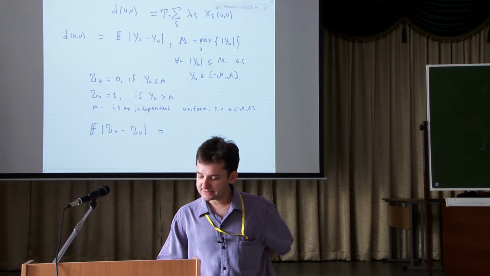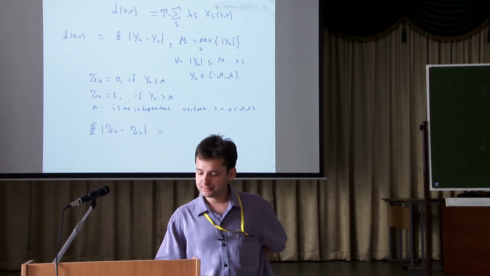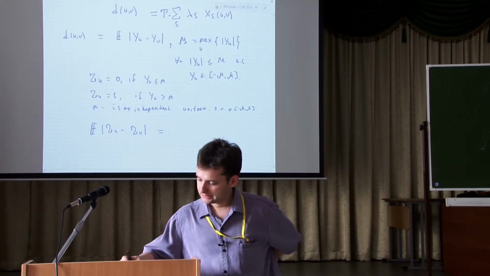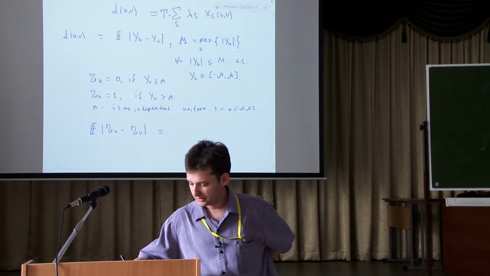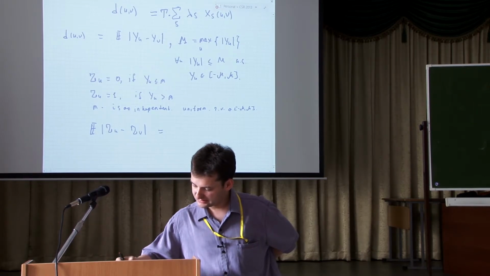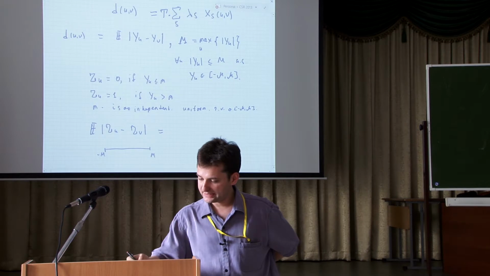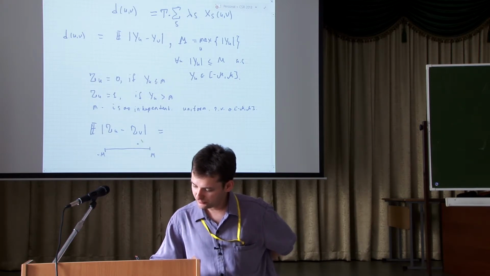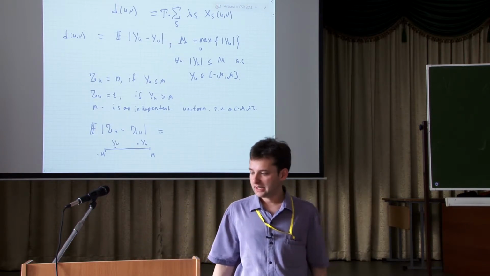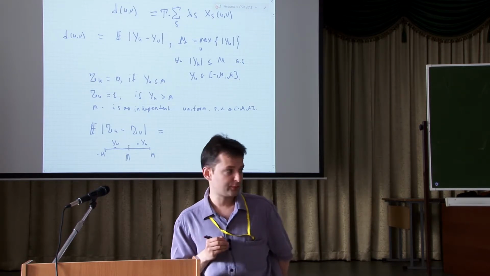It is 1 exactly when Zu is not equal to Zv. So we have this interval from minus M to M, and we know that variables y take values there. Here maybe we have yu, and here we have yv. This is just one sample of variables y. These two are separated if small m is somewhere in between.